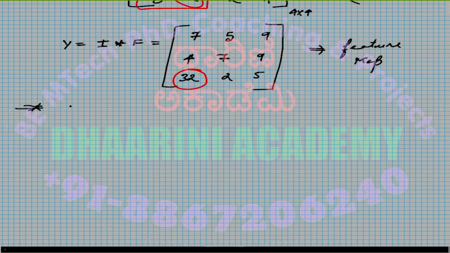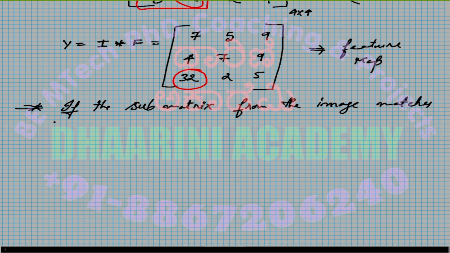I can write one point here. If the submatrix from the image, that is the input, matches the convolution filter, what is that case?